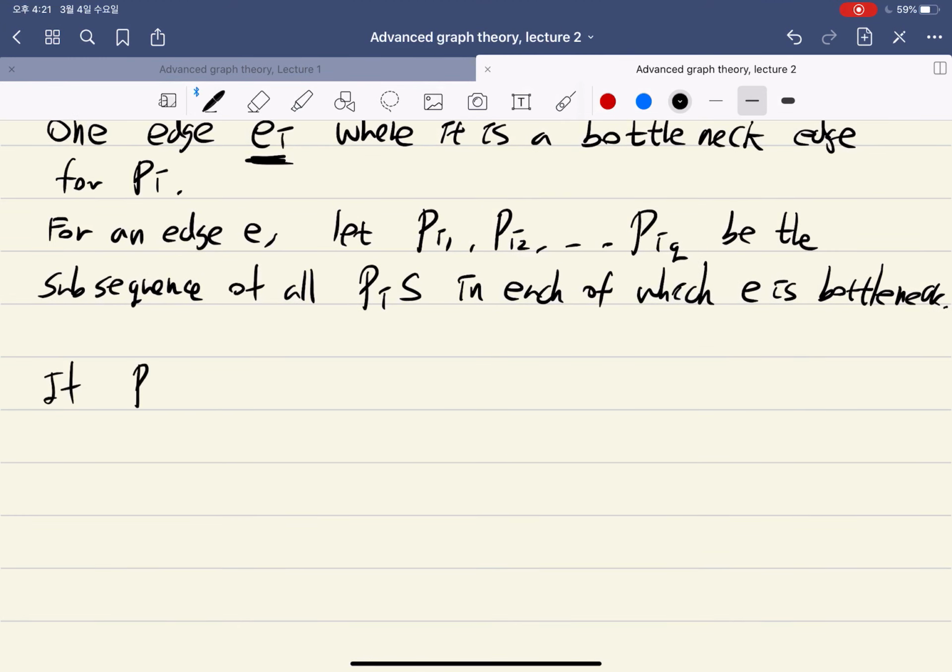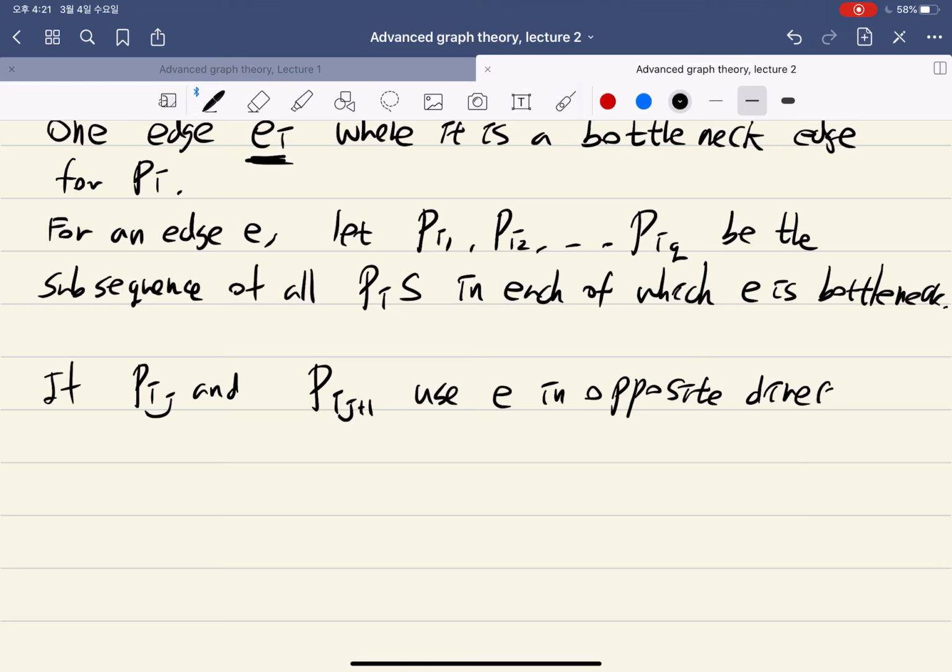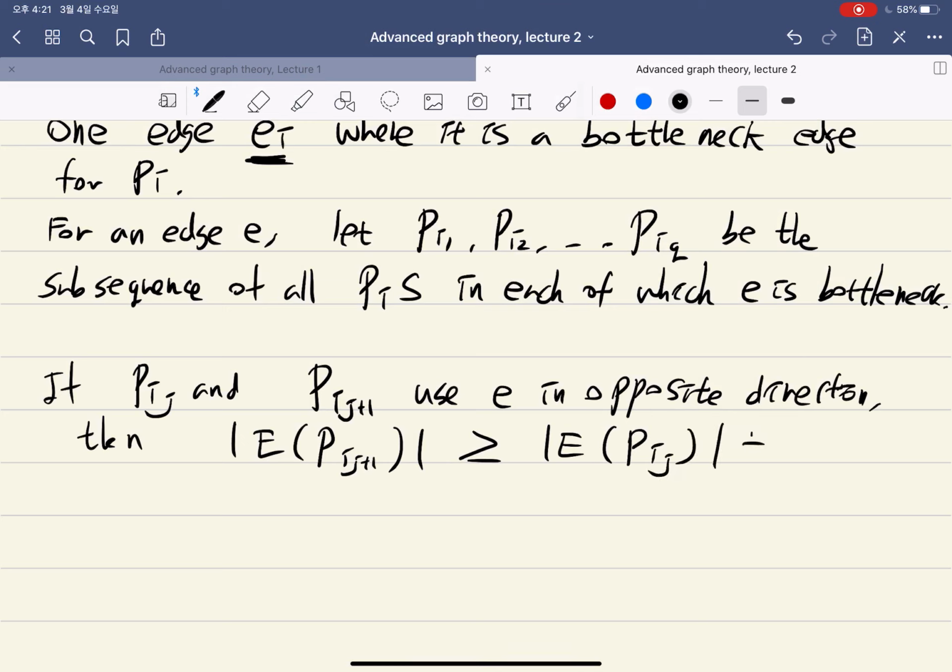And if Pij and Pij plus 1 use E in opposite direction, then obviously the previous claim says that the length increased by at least 2.